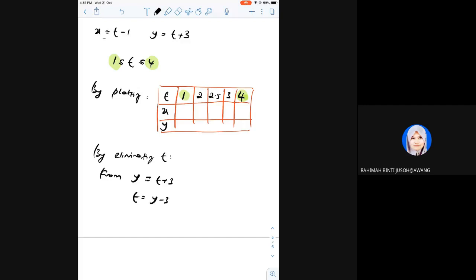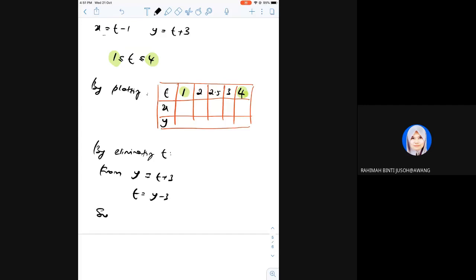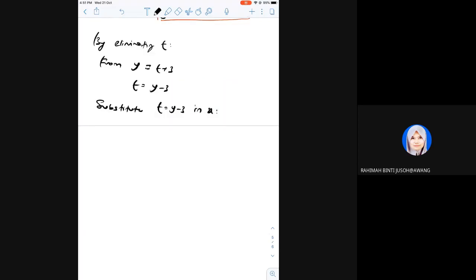So T equals to Y minus 3, substitute in X. We will have X equals to T minus 1, so X equals to Y minus 3 minus 1. So we have X equals to Y minus 4, like this.